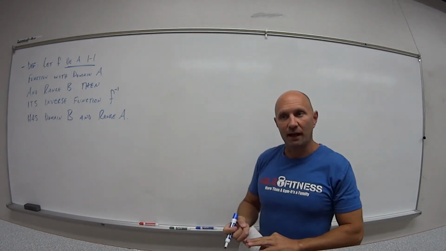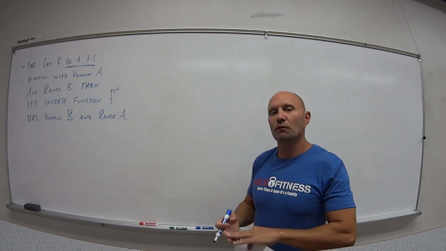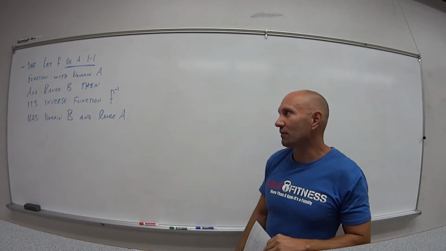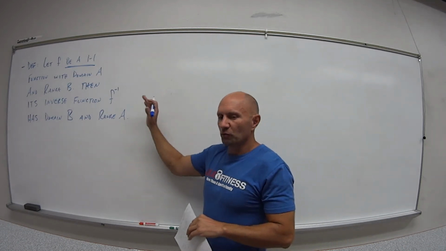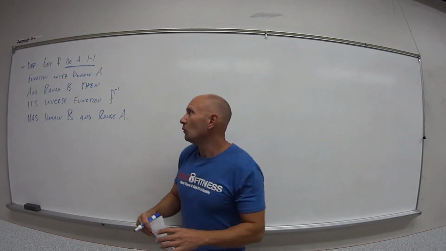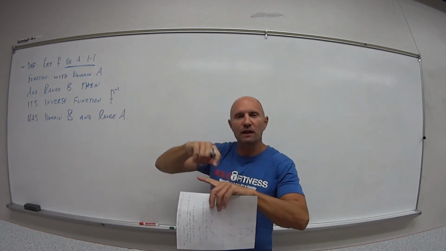For this class, for Math 127 if you're going on to 127, for Math 181 if you're going on to Math 181, to any further math class, this is a relationship that will always hold true. If you have a function with domain A, range B, then for the inverse function, they just switch.